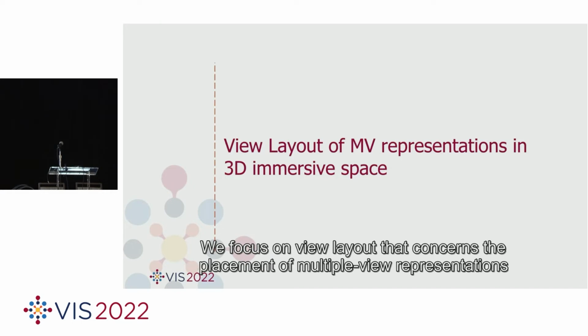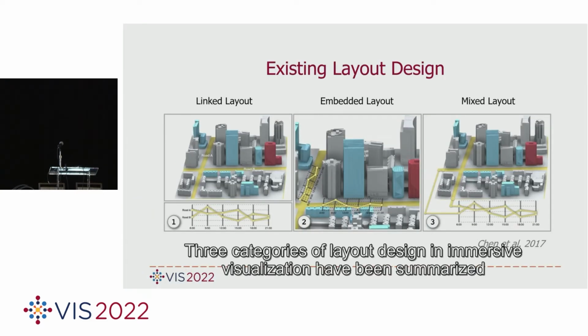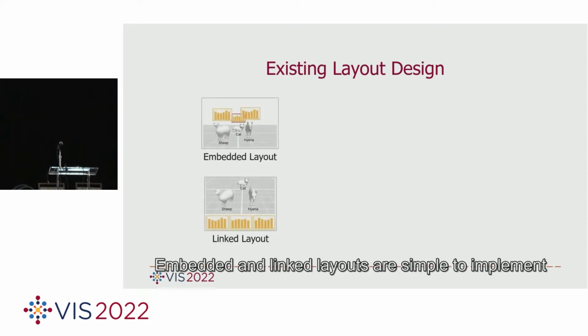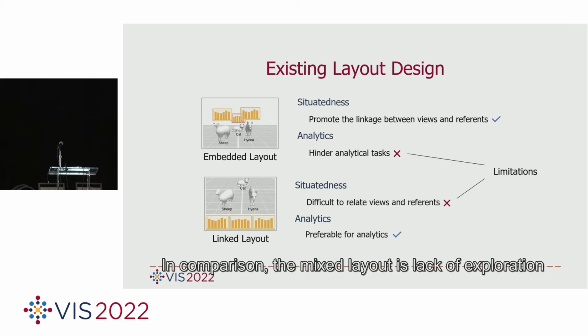We focus on view layout that concerns the placement of multiple view representations in 3D immersive space. Three categories of layout design in immersive visualization have been summarized. Embedded and linked layouts are simple to implement and have been commonly adopted in situated analytics, but both have limitations. In comparison, the mixed layout lacks exploration.